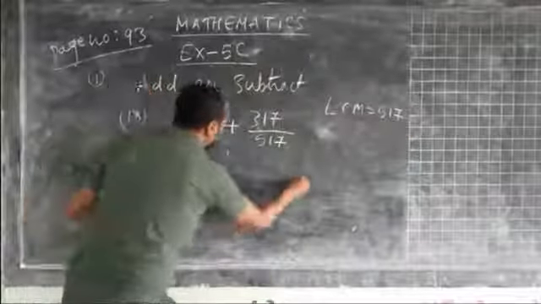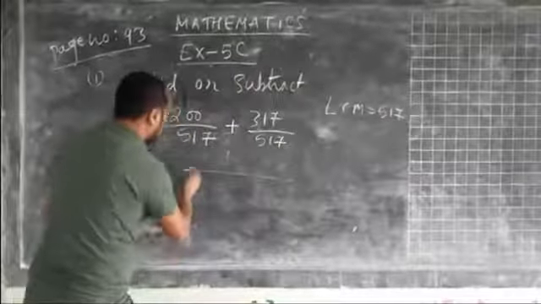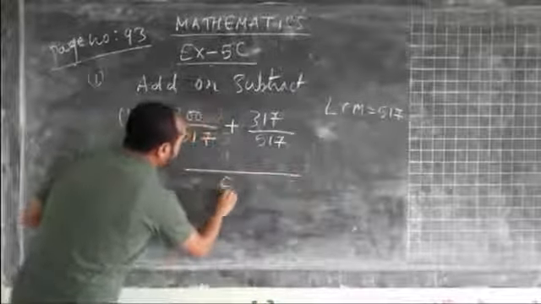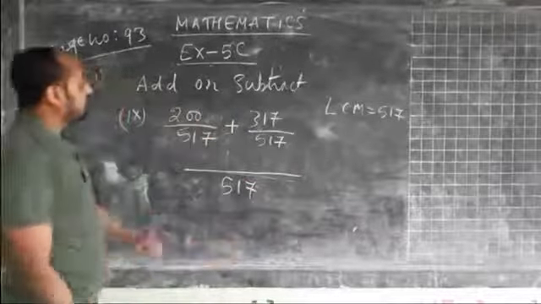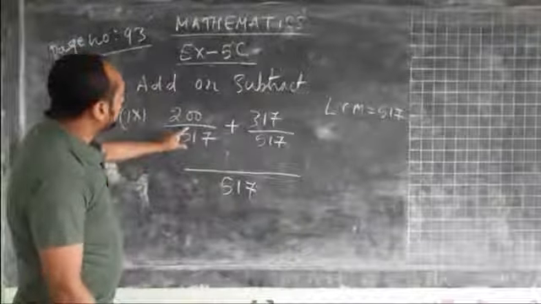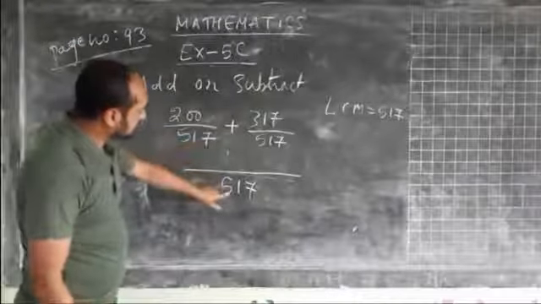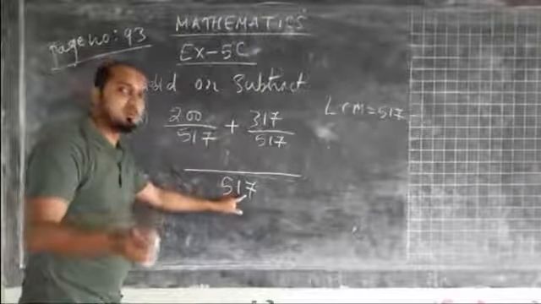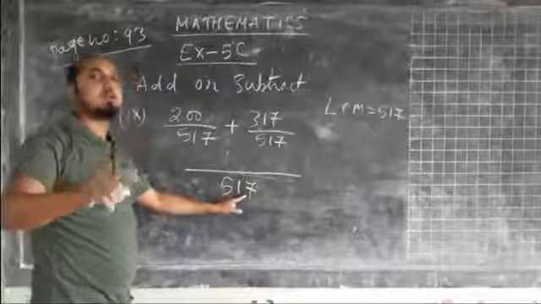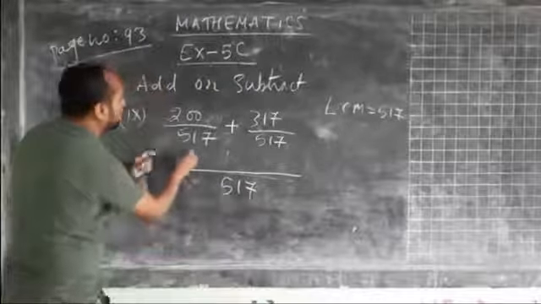Now again, you have to divide this 517 by this 517. When we divide 517 by 517, it goes 1 time.